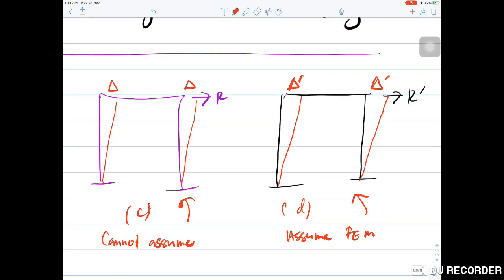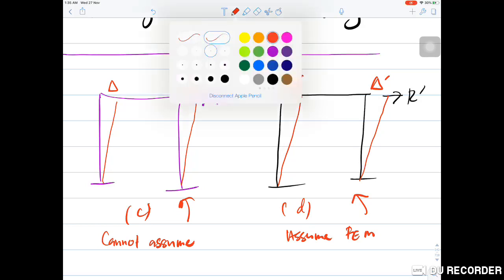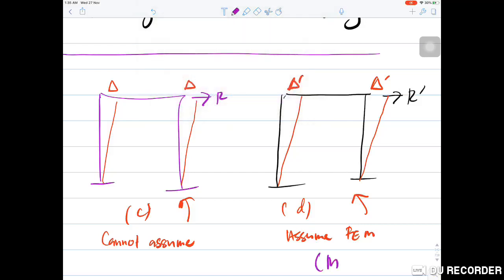So when we assume FEM, we will calculate the end moment, and the end moment for diagram D is due to R prime. There is a delta, and delta produces moment, so the end moment is M prime. Here is M prime.